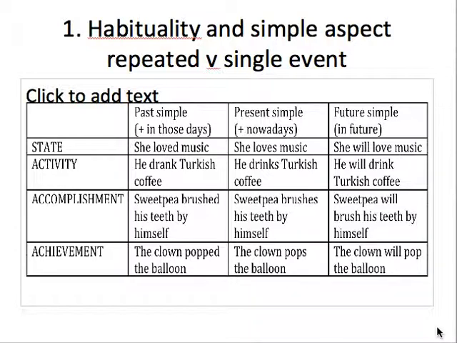The clown will pop the balloon in future. Okay, it's going to be the clown's responsibility. So that's the notion of how the simple aspect can either be understood as a discrete or single event or a repeated or habitual event.